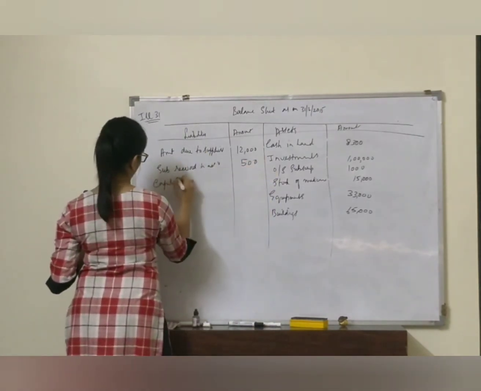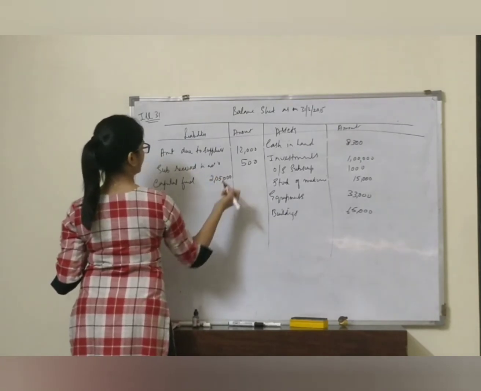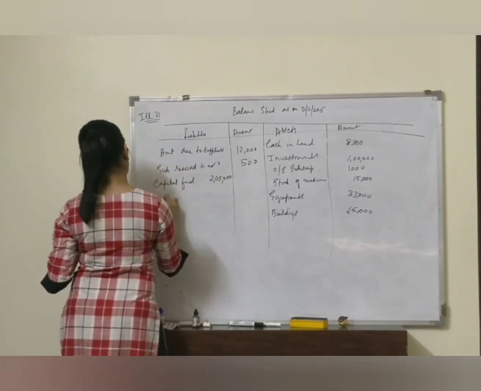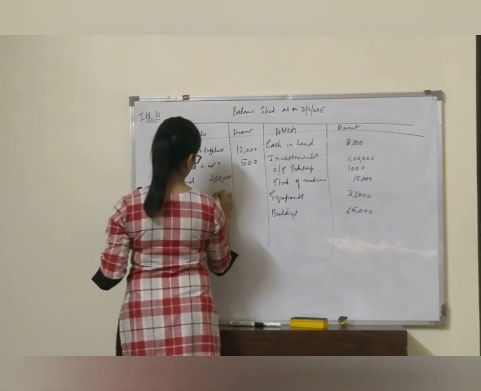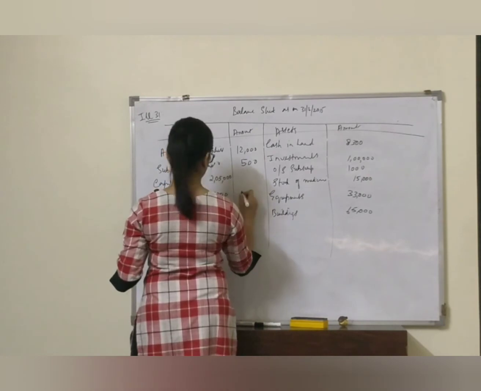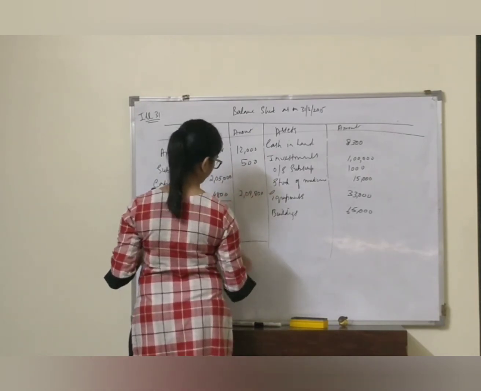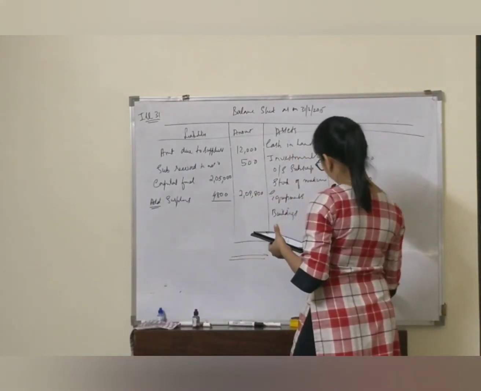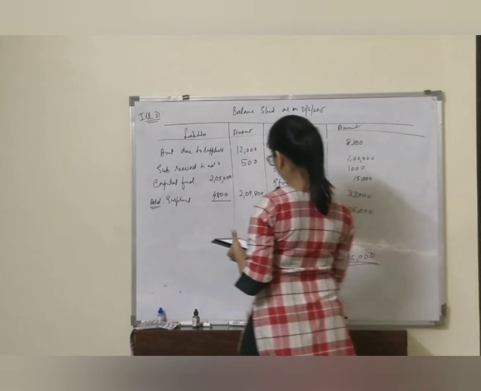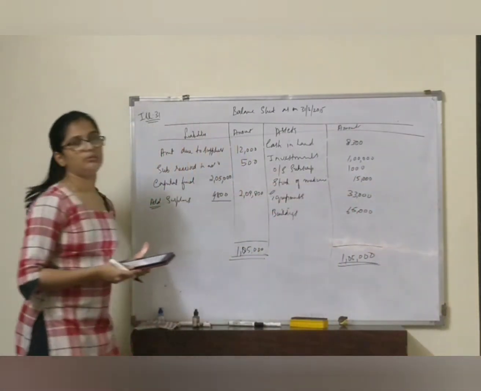Last we have is capital fund. Capital fund in opening balance sheet is 2,05,000. Add surplus 4,800. So total we get 2,09,800. So what is the total of a balance sheet? It is 1,05,000. So clear?